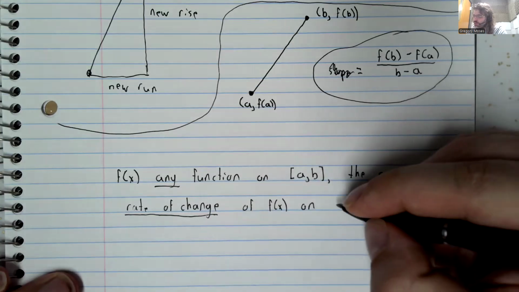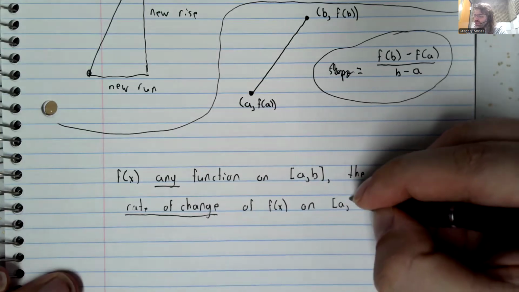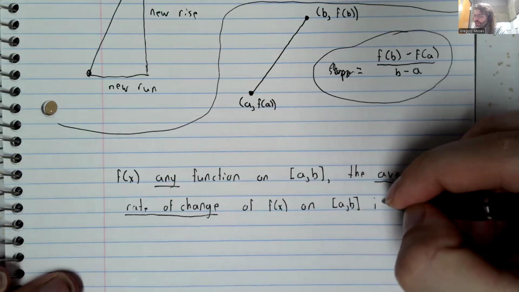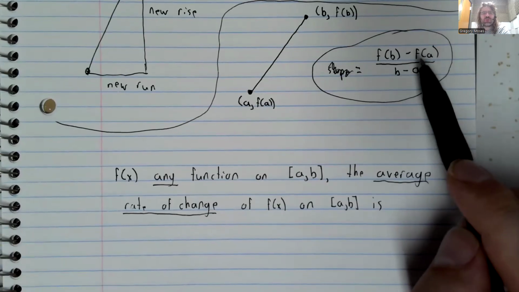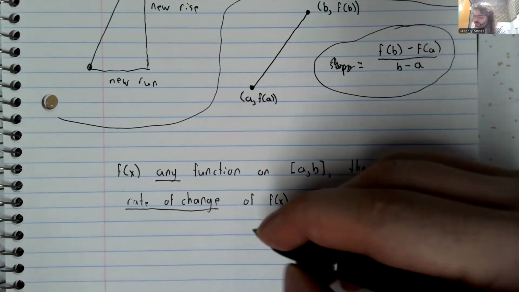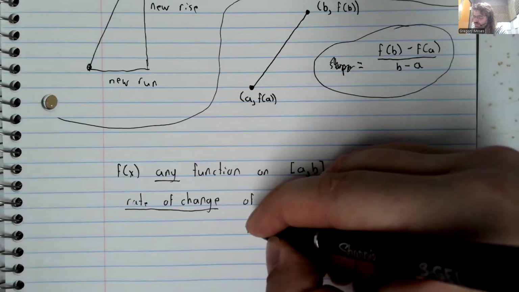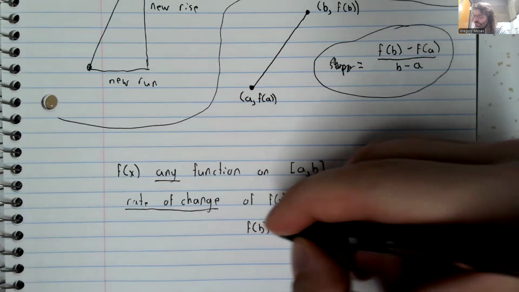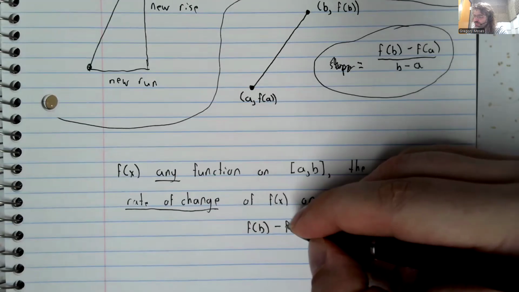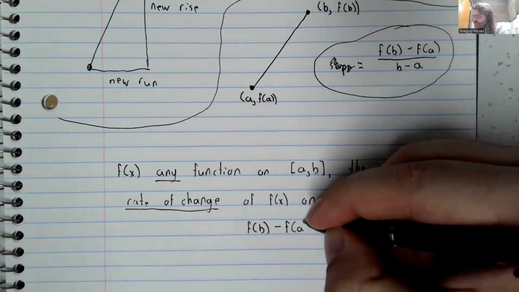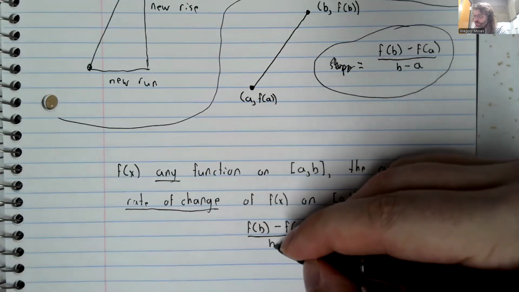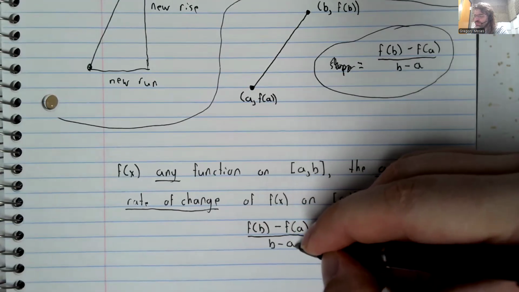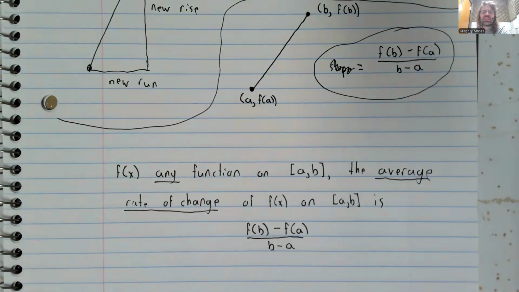on the interval from a to b is, well, we can probably guess how I'm going to finish this sentence. It's f of b minus f of a divided by b minus a.